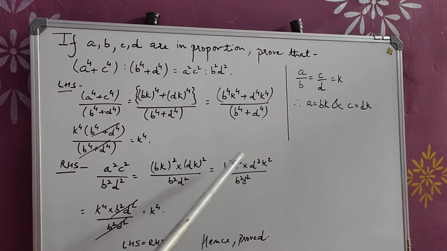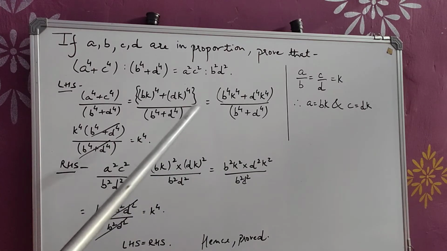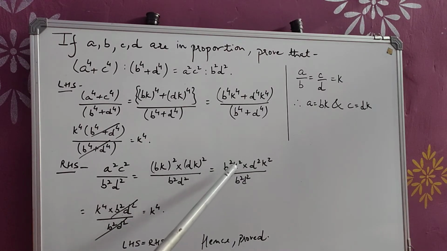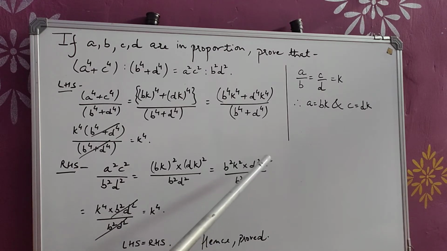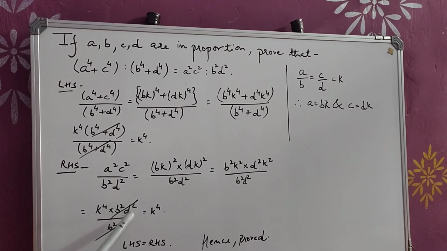Now if you multiply all the terms together, you will get K into K square into K square, that is K raised to the power 4, into B square and into D square. So you get these terms upon the same denominator B square D square. These two parts are the same and can be cancelled out, and finally we get K raised to the power 4.